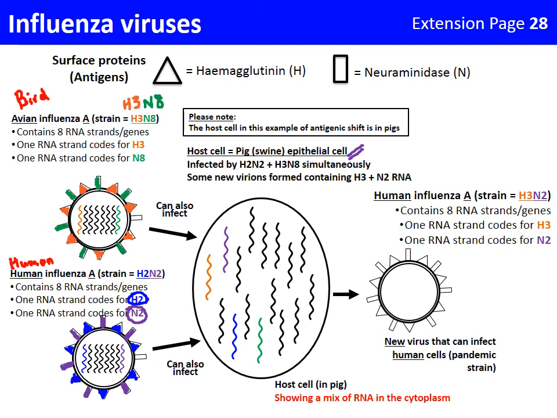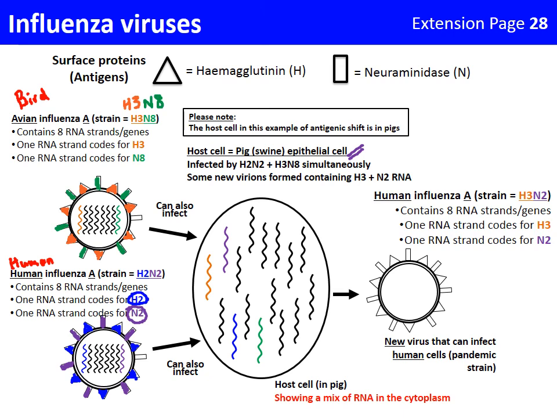Now, when new virus particles are formed inside this host cell in the pig, we know each virus particle that is formed will have 8 RNAs within the capsid. However, there could be a mixing of the RNA, so it has to have all 8 RNAs, but it only has to have one version of the H RNA.